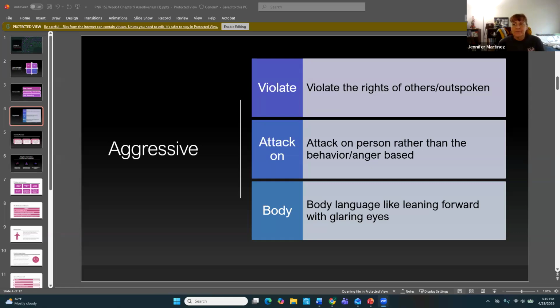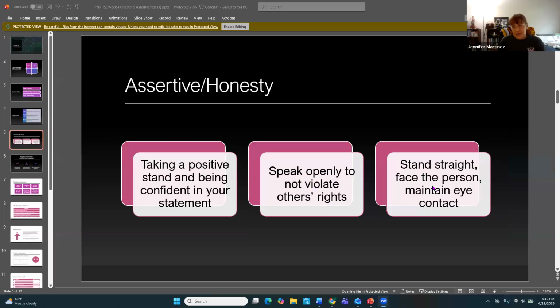Somebody that is aggressive is also not going to be able to advocate for their client and take care of their clients appropriately. So what we really want to look at is assertiveness. Assertiveness is another name for honesty.